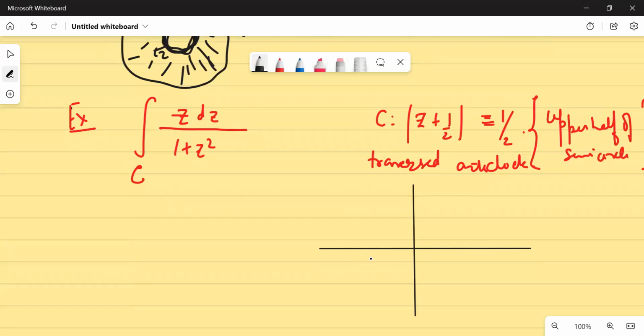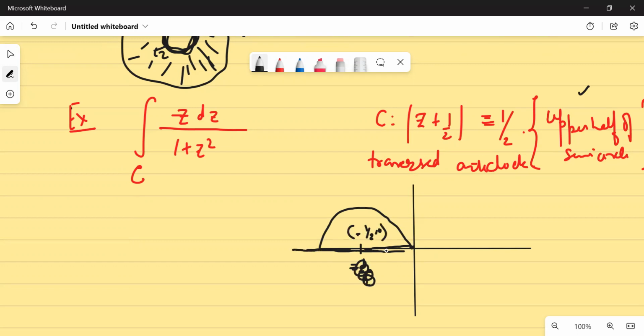It implies there's a circle, and upper half means semicircle. So it is a semicircle which is centered at minus 1 by 2, whose radius is again 1 by 2. So this is a semicircle which is centered at minus 1 by 2, comma 0.